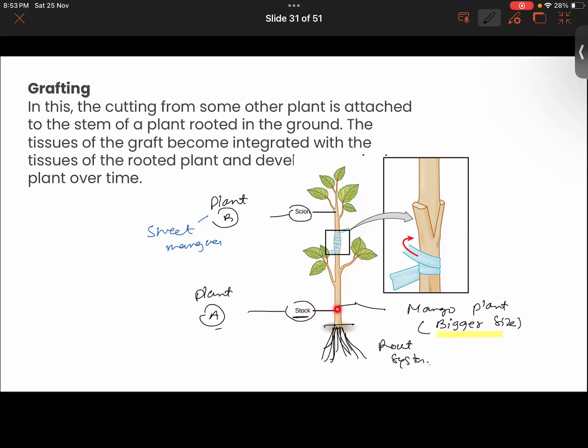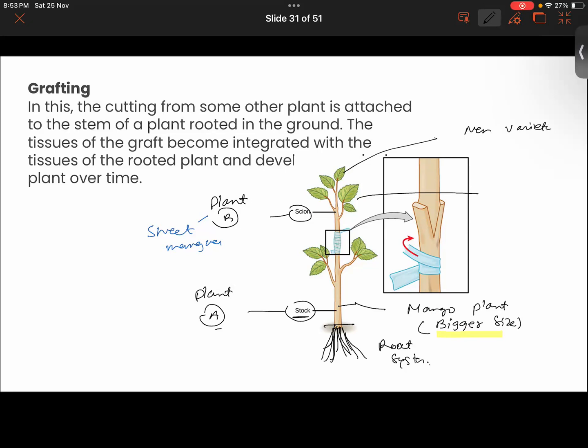Now I have joined them together, combining the two mango plants having different varieties of mangoes. So the mangoes that will grow on this plant will be of a new variety.